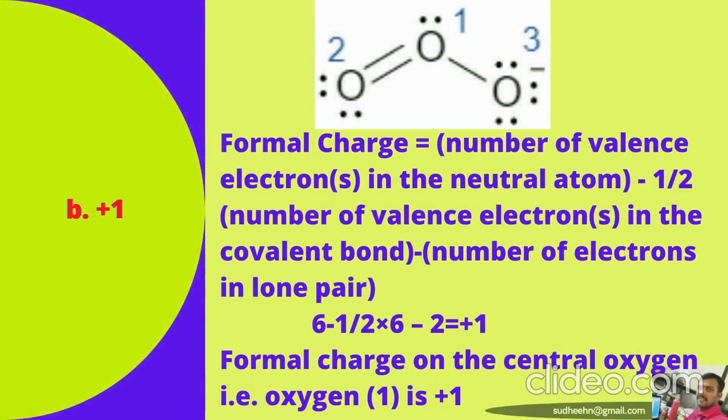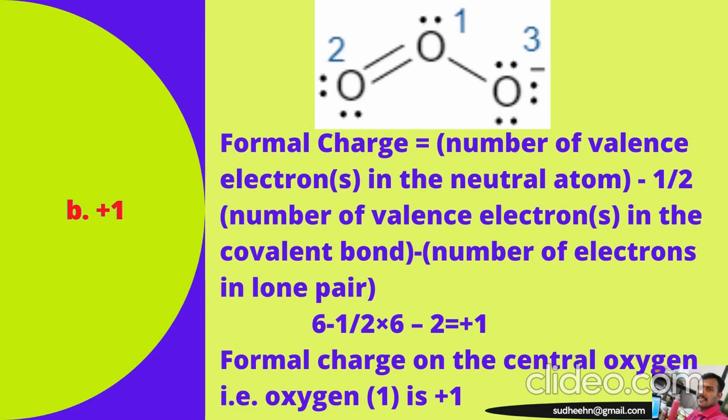And the right answer is option B, that is +1. By looking at this figure, we can come to know the formal charge. The relation we know: number of valence electrons in the neutral atom minus half into number of electrons in the covalent bonds minus number of electrons in the lone pair.